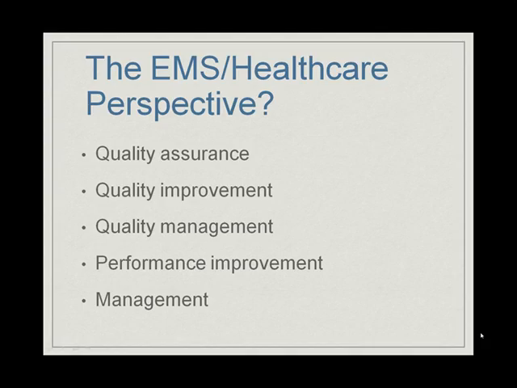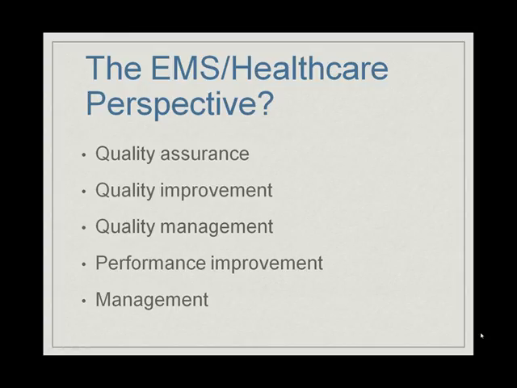As we've talked about before in EMS, we really went through these 5 stages. We started out completely with a quality assurance approach to quality, and we borrowed that from hospital organizations. We slowly moved towards quality improvement, where we started focusing on improving some clinical processes. However, where we really want to be is in the quality management realm.